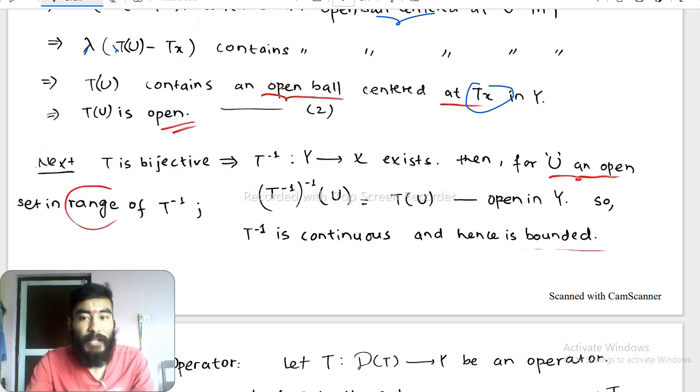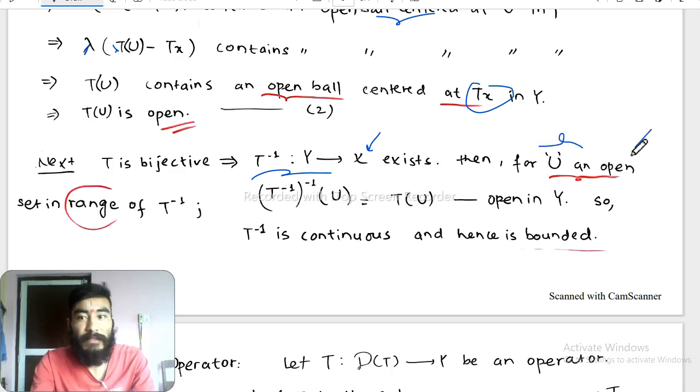Now the second part, which is the bounded inverse theorem. If T is bijective, then T inverse exists from Y to X. Now we have to show T inverse is continuous. To show a mapping is continuous, we take an open set in the range and we show that its inverse image is also open. So we take an open set U which is open in X, the range of T inverse.